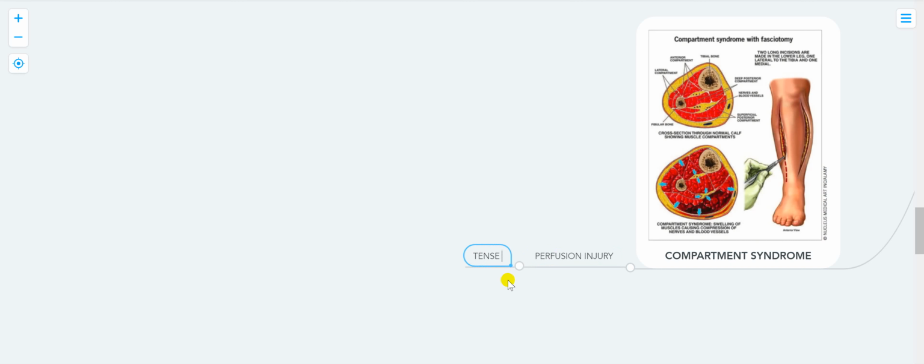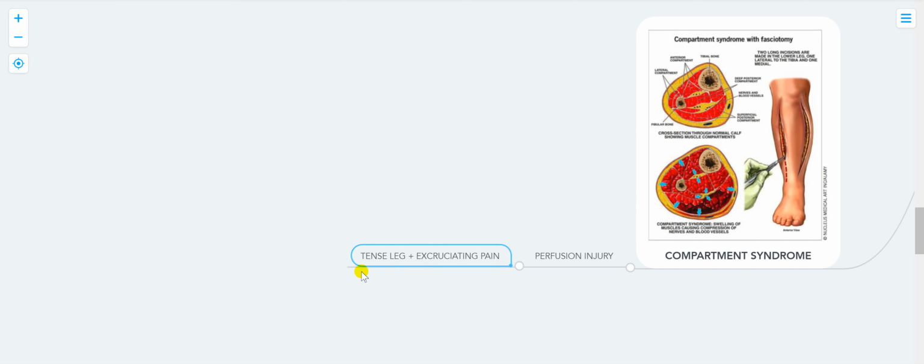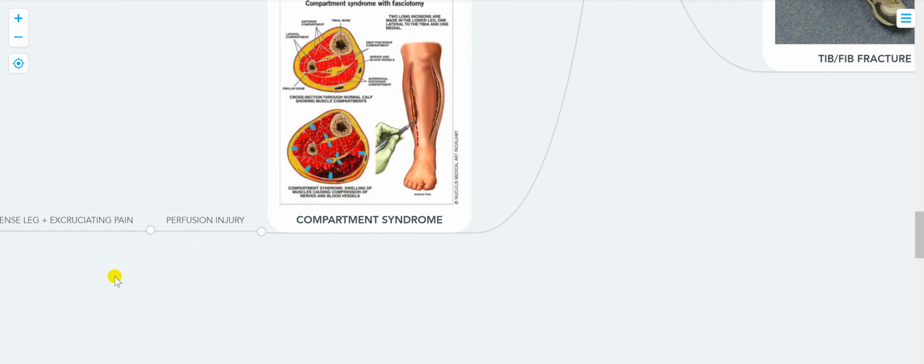Usually a tense leg plus pain, excruciating pain. So how do you diagnose that? You measure compartment pressure if unsure, and surgery if unsure too. How do you treat that? You just relieve the pressure by doing fasciotomy. Okay, so that's basically compartment syndrome.